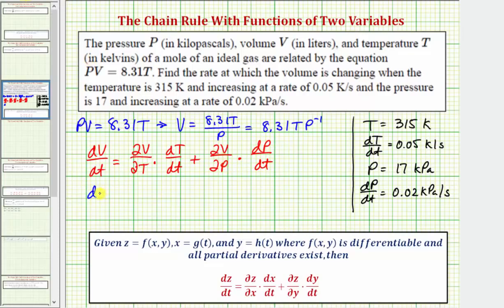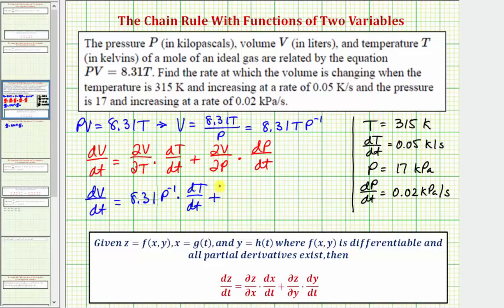Now let's find our partial derivatives. We have dV/dt equals the partial derivative of V with respect to T, so we'll differentiate with respect to T, treating P as a constant, which would just give us 8.31 times P raised to the power of negative 1, because the derivative of T with respect to T would just be 1. So we have 8.31 times P to the negative 1 times dT/dt, which we know the value of, but we'll substitute that value in the next step.